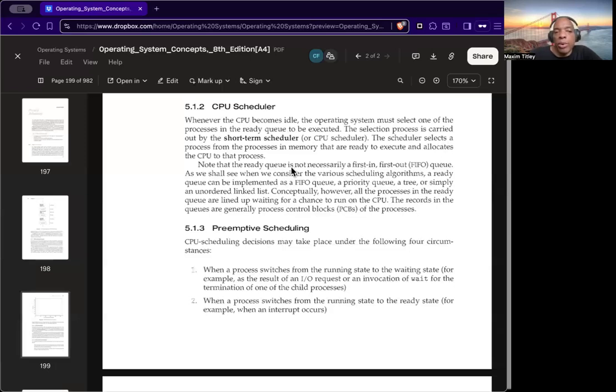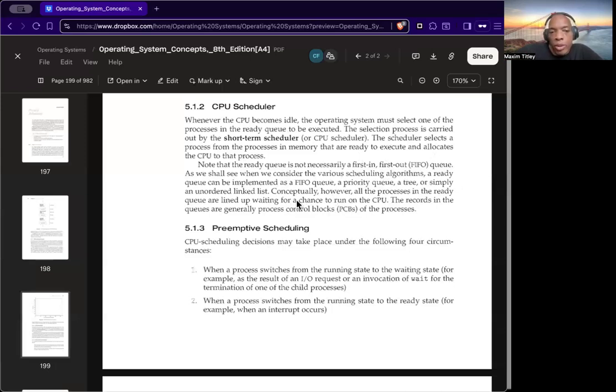The scheduler selects a process from the processes in memory that are ready to execute and allocates the CPU to that process. Now, the ready queue isn't necessarily a first in, first out queue. And that's why this whole CPU scheduling thing is very important and very interesting to learn about. It's not always first in, first out.